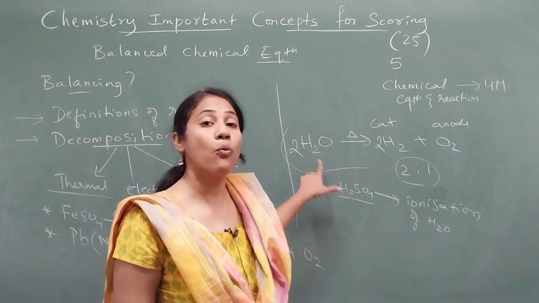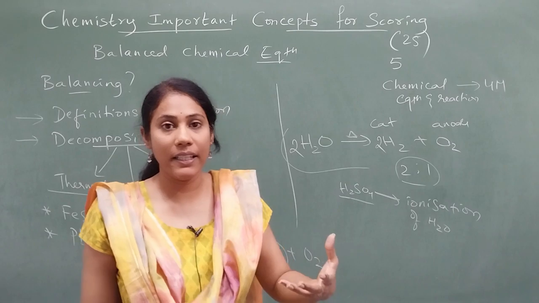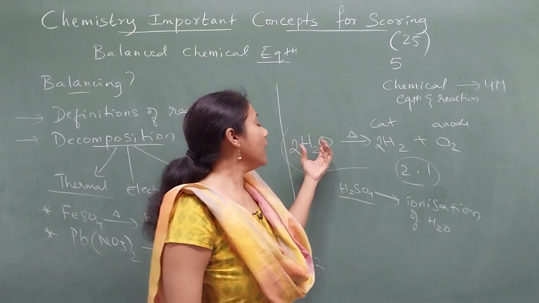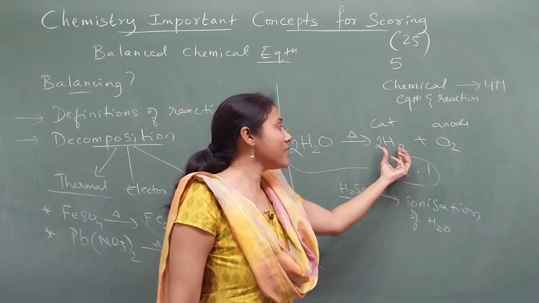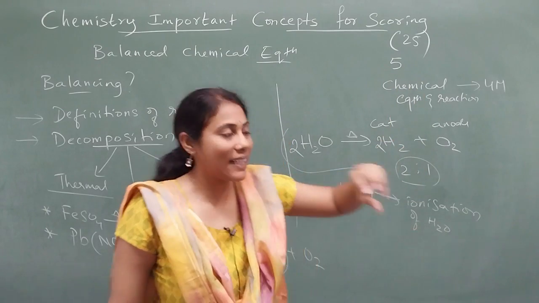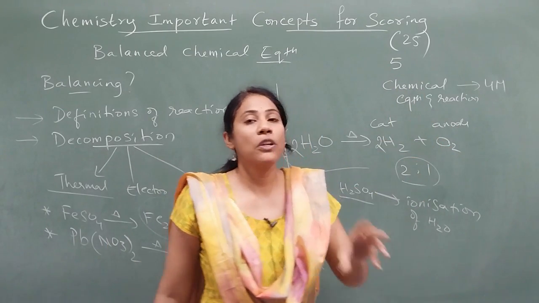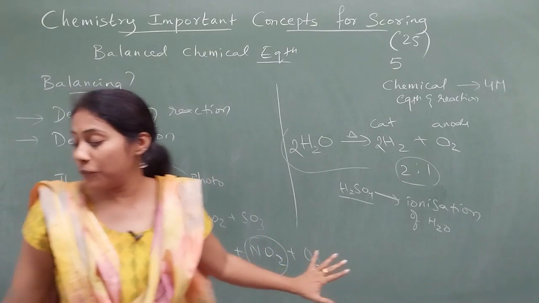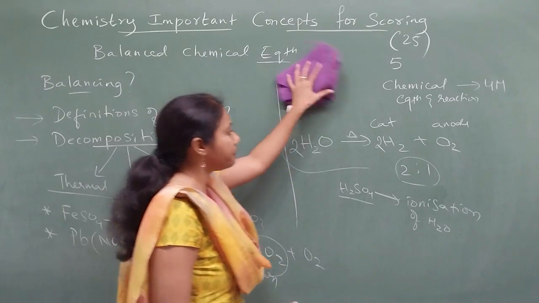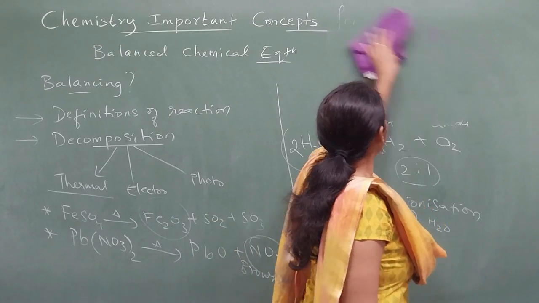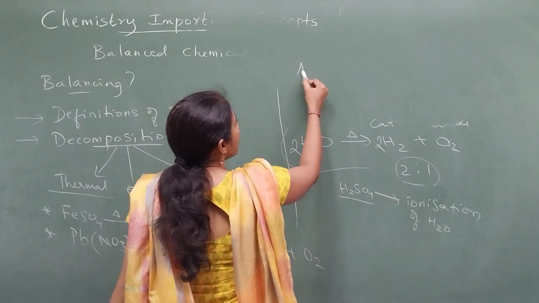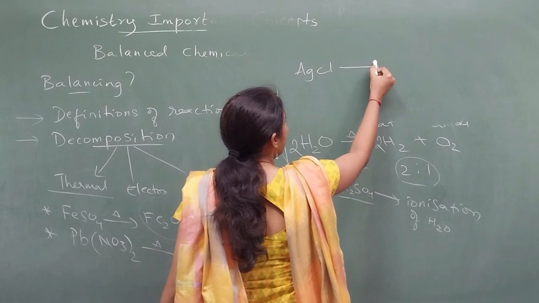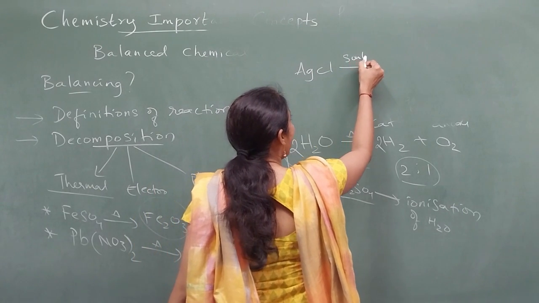It helps water to break easily and to produce a good amount of hydrogen at the cathode and a good amount of oxygen at the anode. Okay, so these are things you have to be very careful with. And now photochemical equations, they are also important. So you have AgCl when you keep it in sunlight.